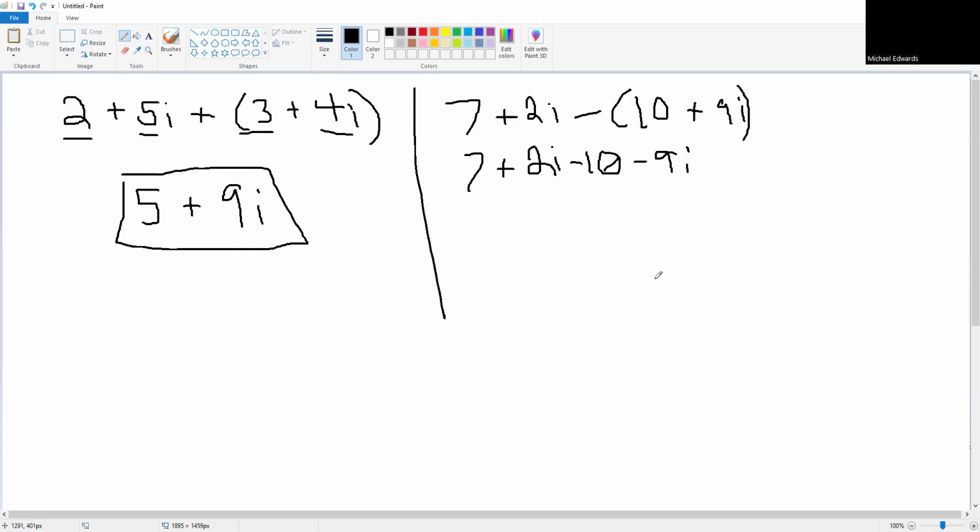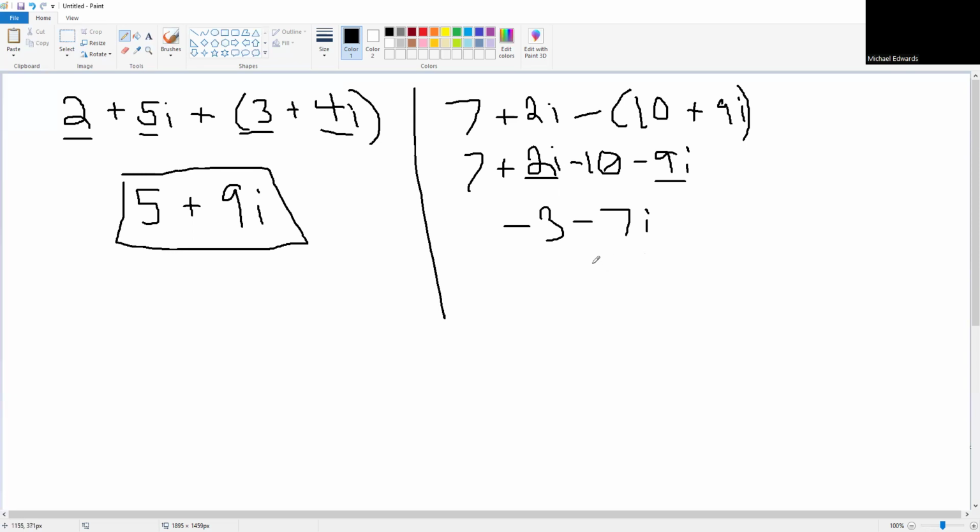So 7 minus 10 is a negative number. It is negative 3. And then we have 2i minus 9i. Excuse me. Sorry. And that is minus 7i.